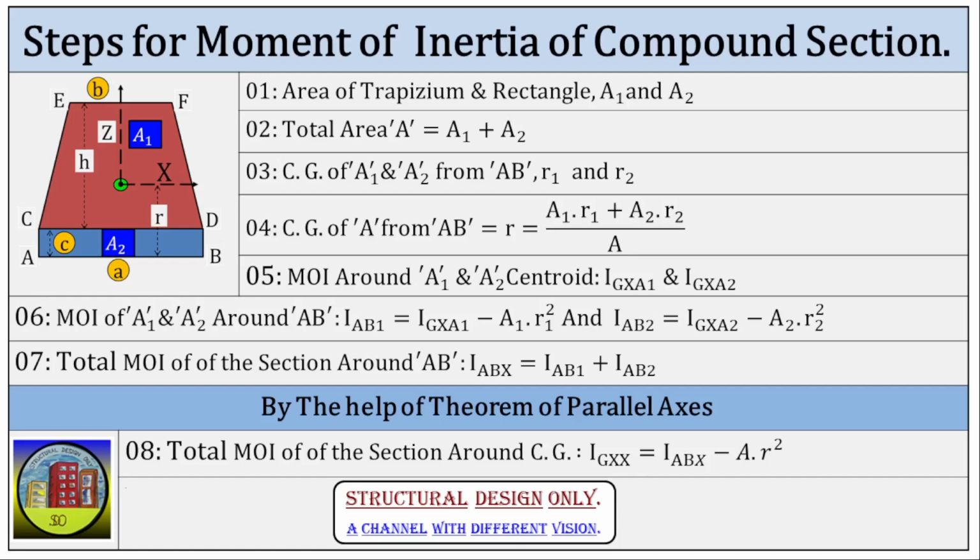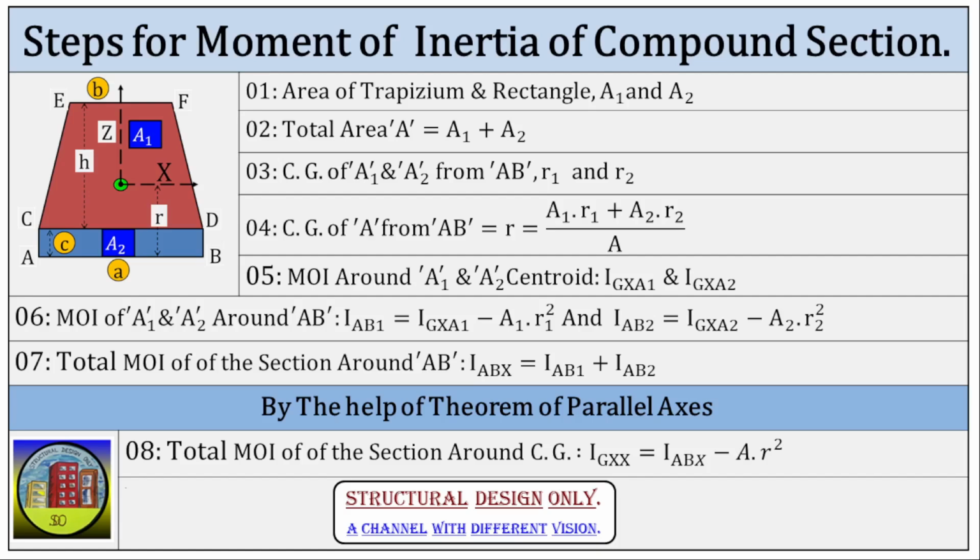Step 5. Calculate the moment of inertia around the centroid of A1, denoted as IGX-A1. Calculate the moment of inertia around the centroid of A2, denoted as IGX-A2. Step 6. Calculate the moment of inertia of A1 around AB, denoted as IAB1, using the formula, IAB1 equals to IGX-A1 minus A1 into R1 square.